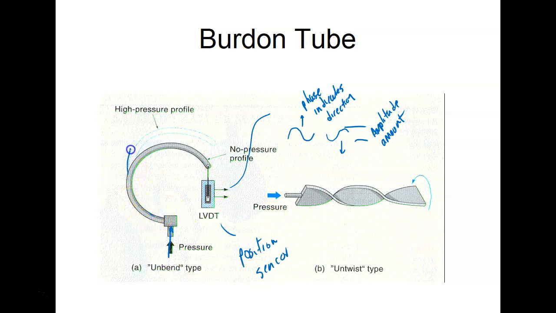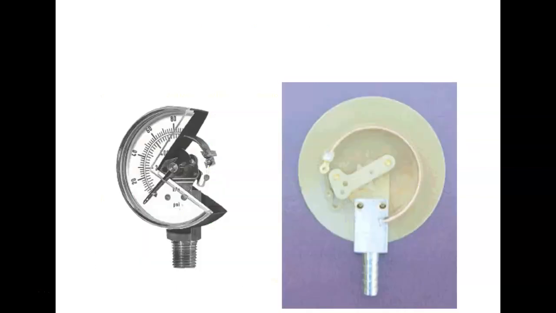If we bring in a pressure, this is going to try to cause it to come out of the C, right? It's going to try to open it up. And then the LVDT would convert a pressure into a voltage. First of all, we take a pressure and convert it to a force. Then we take the displacement created by the force and convert it into a voltage. So this is basically what we have there.